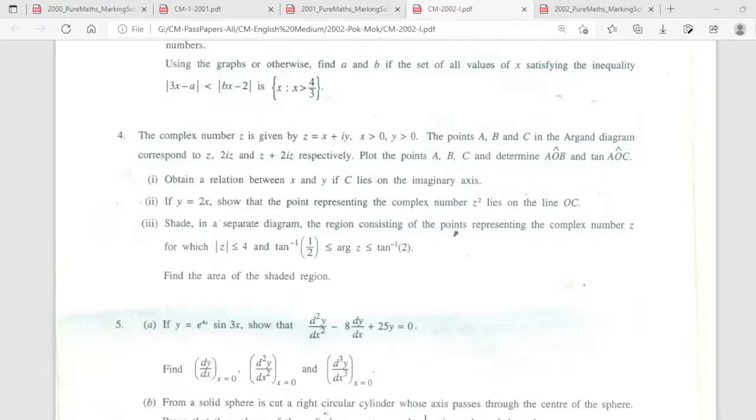Sketch in a separate diagram a region consisting of points representing a complex number C, for which modulus of C is less than or equal to 4 and tan inverse half is less than or equal to arg C, which is less than or equal to tan inverse 2, right?